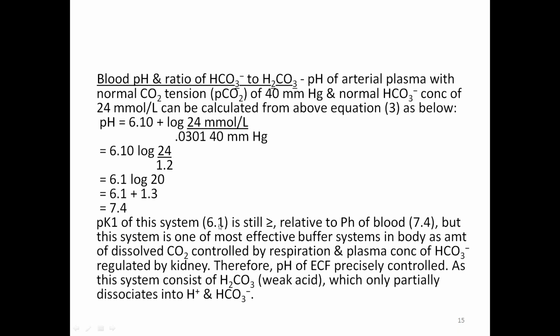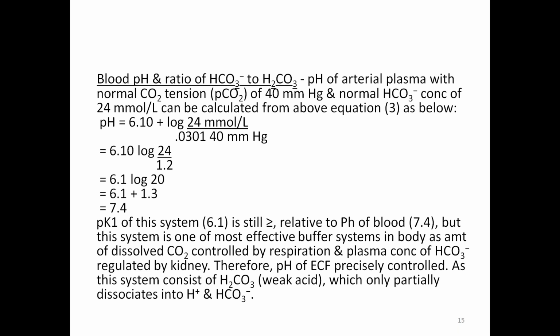Now the pK1 of this system, which is 6.1, is still somewhat far from the pH of blood, but still this system is one of the most effective buffer systems in the body. Why? Because the amount of dissolved carbon dioxide is controlled by respiration and the plasma concentration of bicarb is regulated by the kidney.